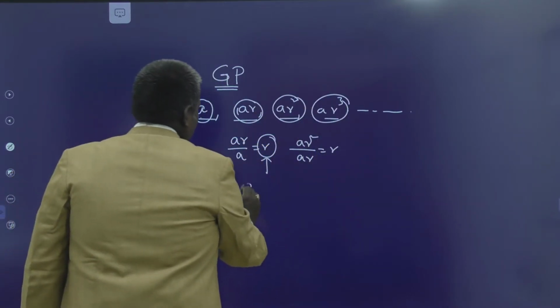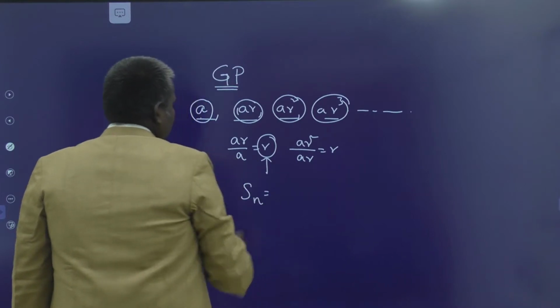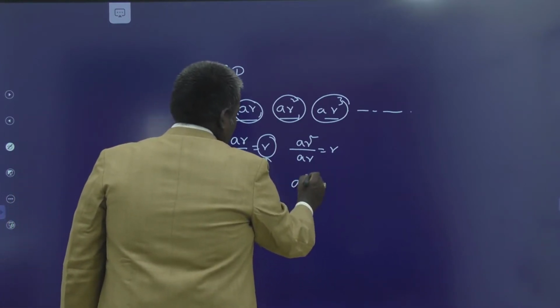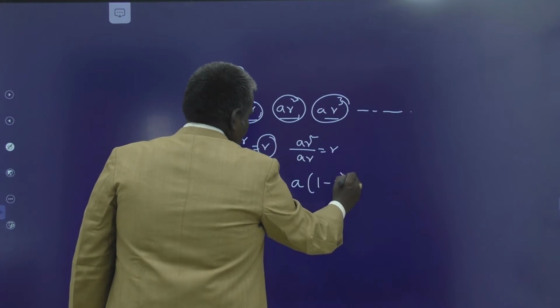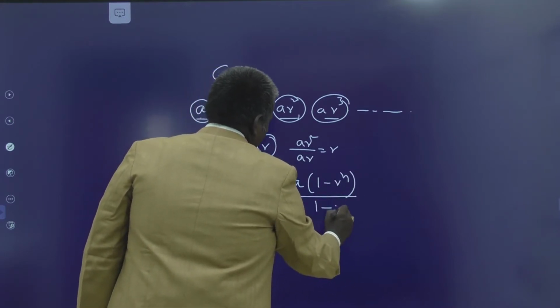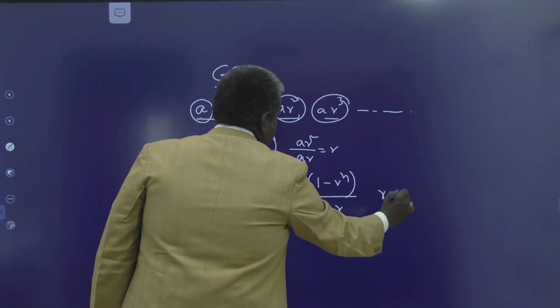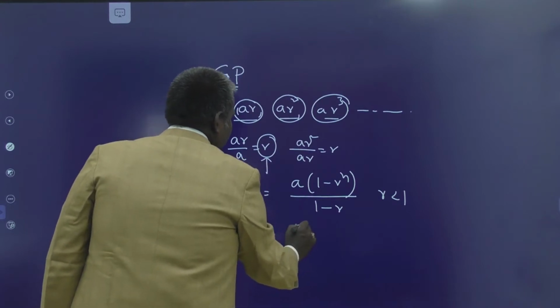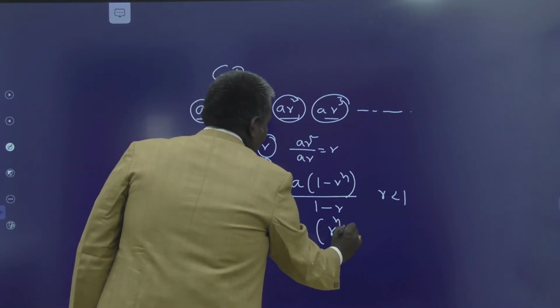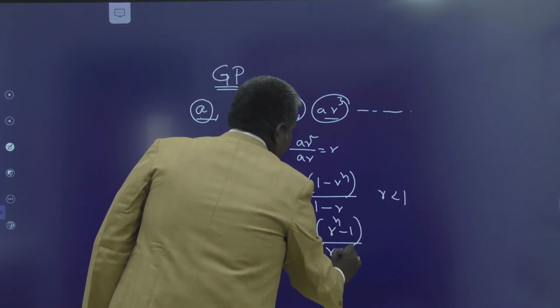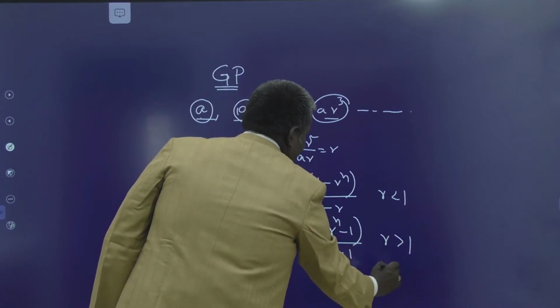Now the sum of n terms of a geometric progression is given by Sn is equal to A into 1 minus R power n by 1 minus R for R less than 1, and is equal to A into R power n minus 1 by R minus 1 for R greater than 1.